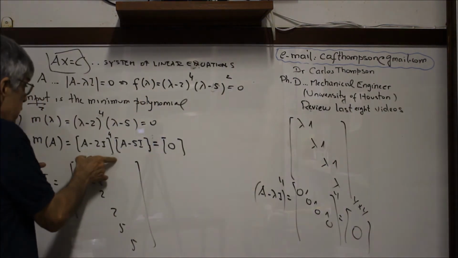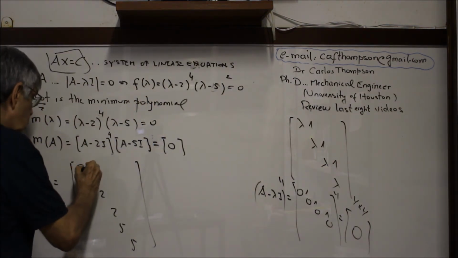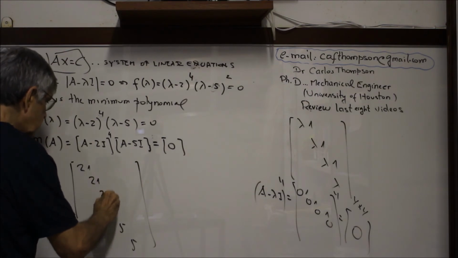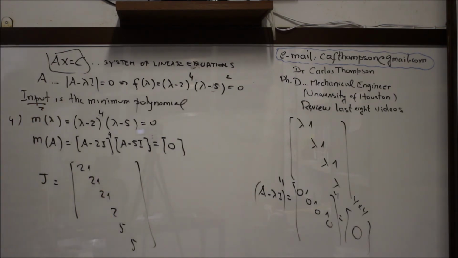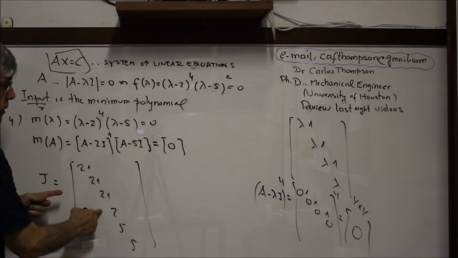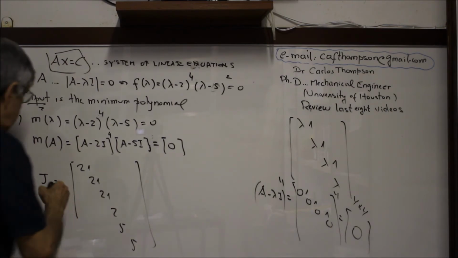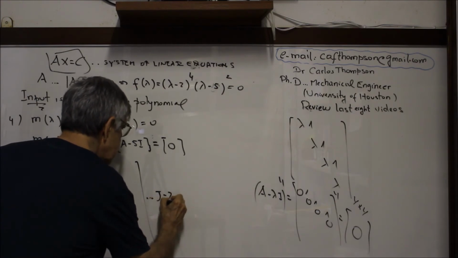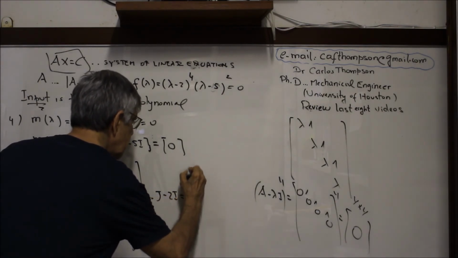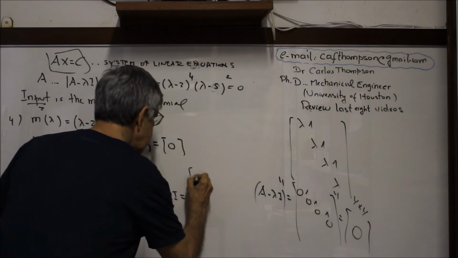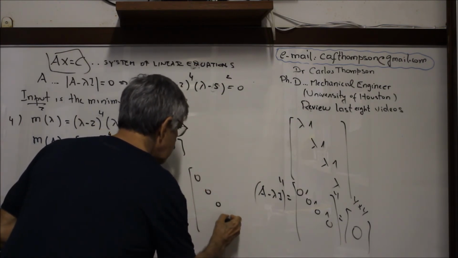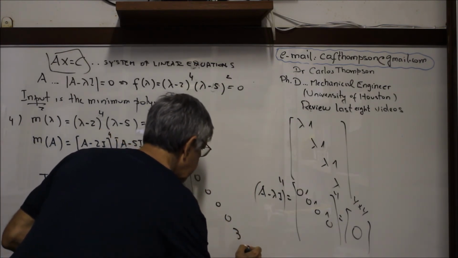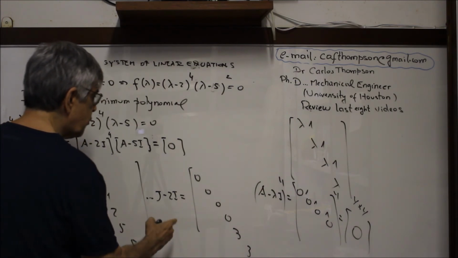So, from here, I can write 1 here, 1 here, and 1 there. You see, if you subtract 2, you see that right here, J minus 2I, this will be 0, 0, 0, 0, 3, and 3, because 5 minus 2 is 3.